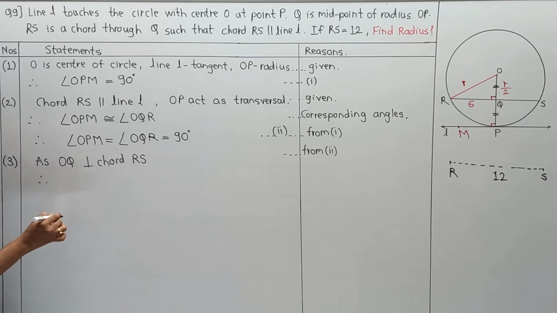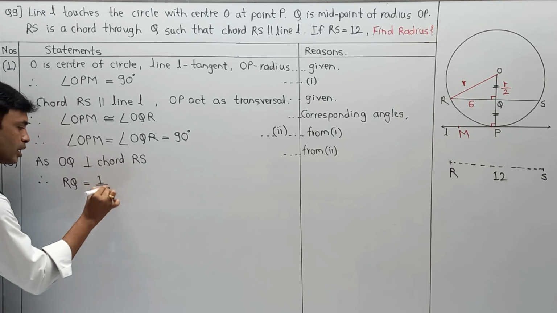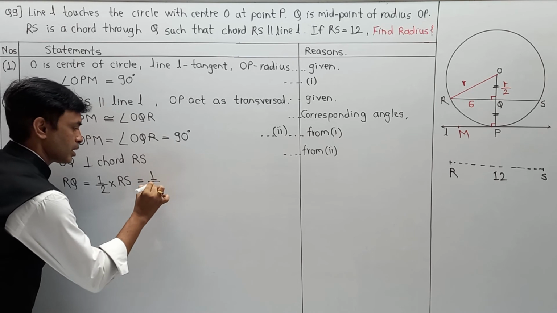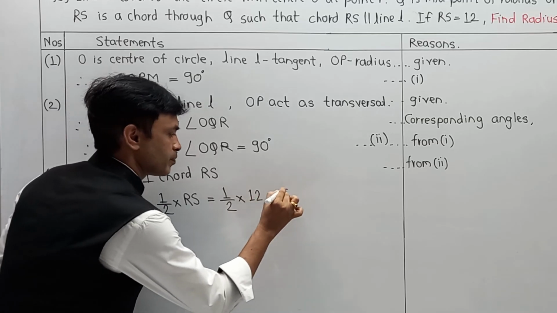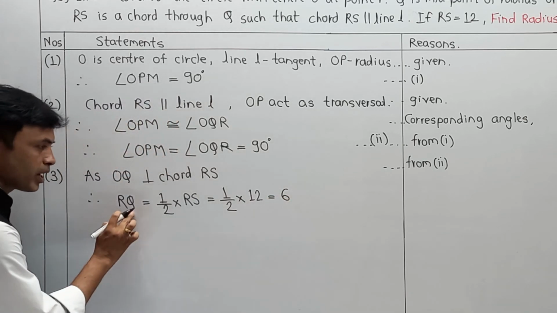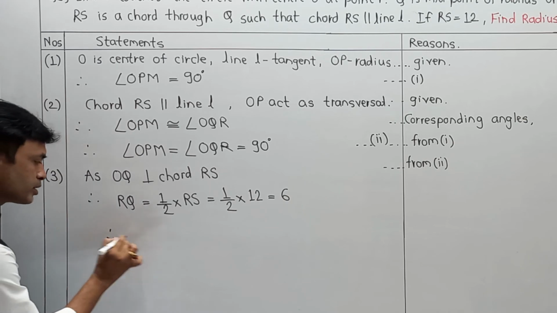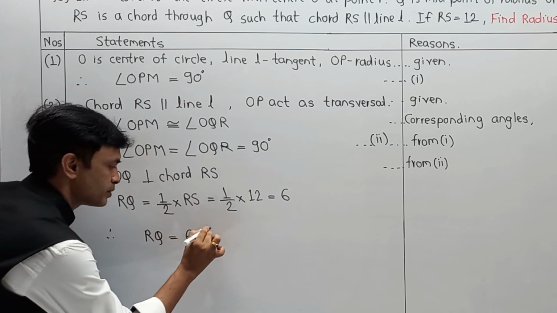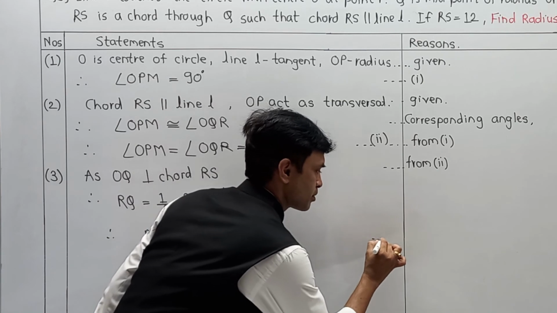Therefore, we can have RQ equal to half of RS, that is nothing but half of 12, and then it becomes 6. Means the value of RQ becomes 6, and as they have not provided any unit, RQ is equal to 6 units. This is your answer. So I am going to give it as equation number 3.